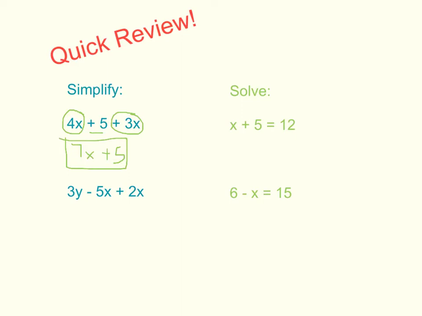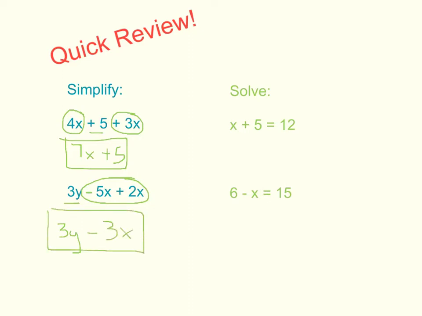In the second example, you have 3y and then negative 5x plus 2x. You can only combine if they have the same variable, and you take the sign in front. So this would be 3y and then negative 5x plus 2x is negative 3x.